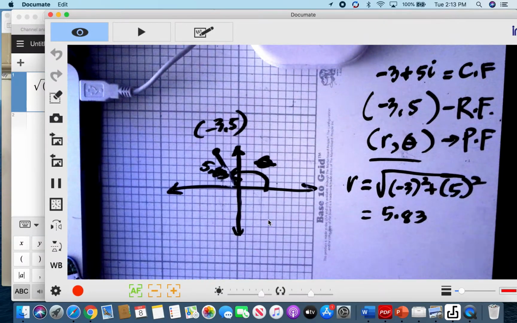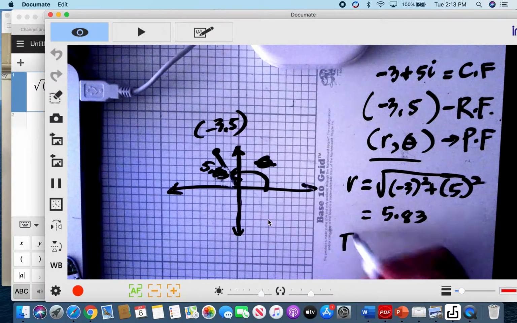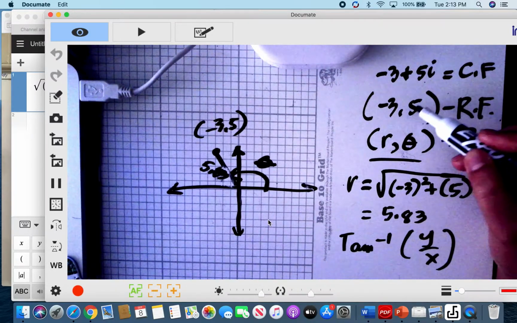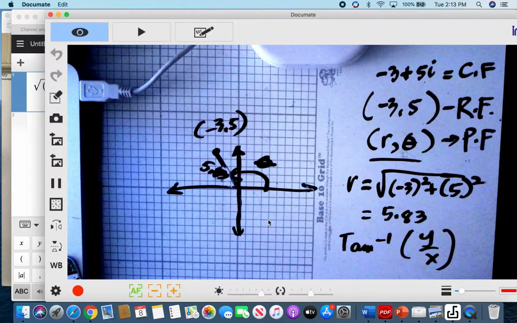All right. Now we will find the angle, and how do we do that? We have done that in treating our complex numbers as vectors by finding the inverse function of tangent y over x. We know that y is 5 and our x is negative 3.